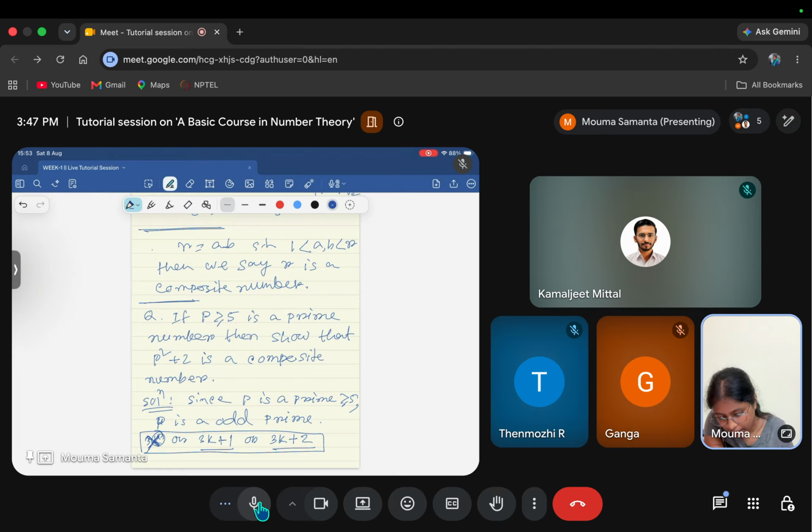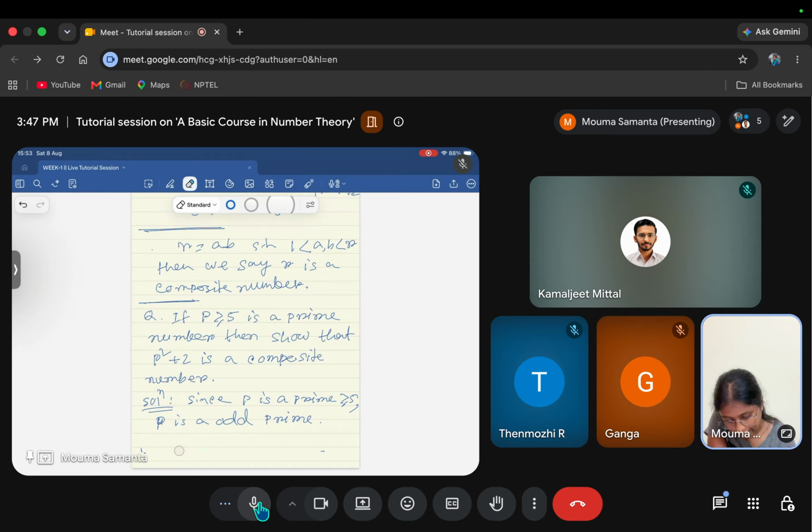Okay, so since this is an odd prime, p has one of the forms 3k plus 1 or 3k plus 2.